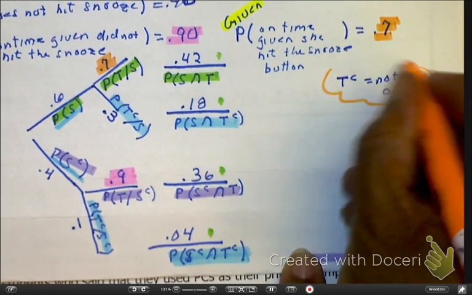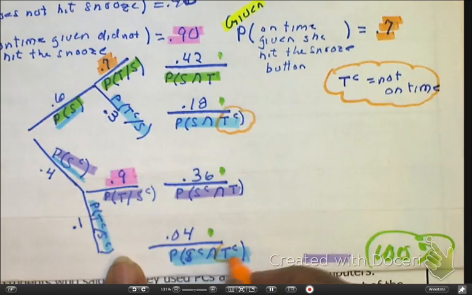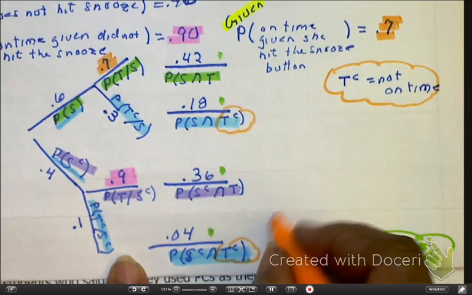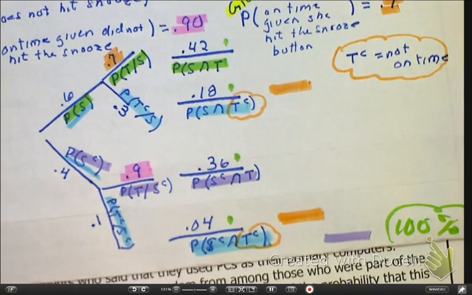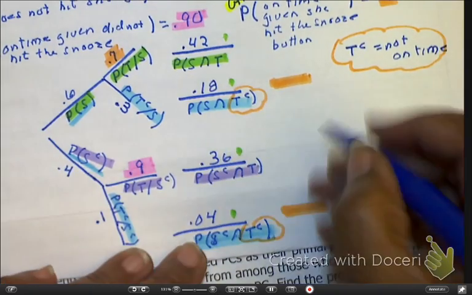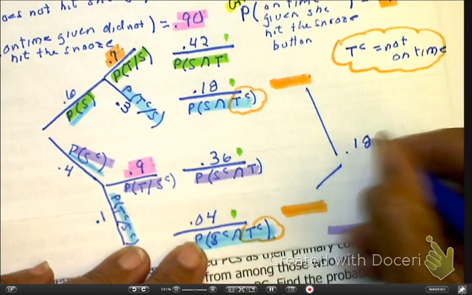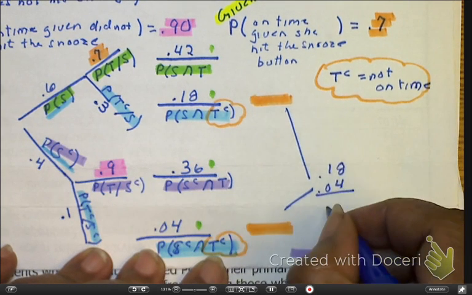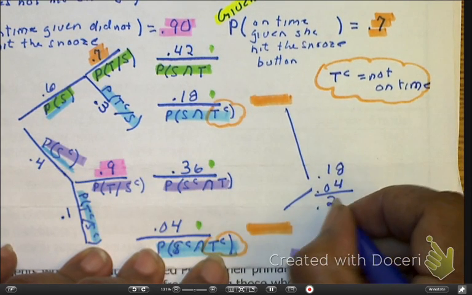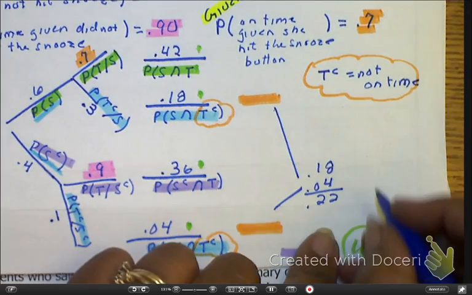So here, not on time. Here, not on time. Here, not on time. So in other words, this plus this will give me the answer to my question. So the 0.18 plus the 0.04, which is 22%. So the answer to the question is that she is late 22% of the time.